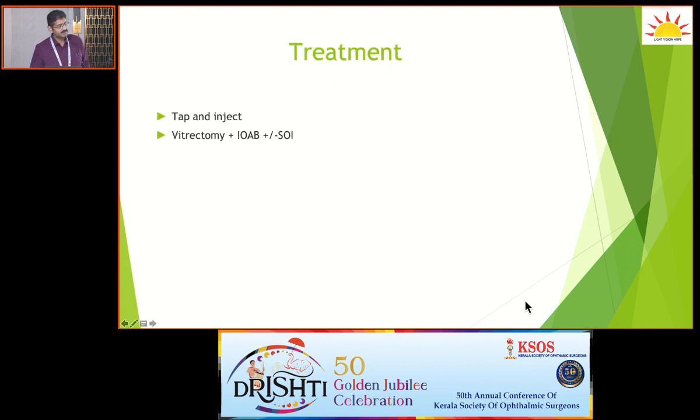The treatment is very simple. You can either go for tap and inject, or you can treat it with vitrectomy with intraocular antibiotics, plus or minus oil. From a VR perspective, tap and inject is something which we don't prefer nowadays. When we suspect an endophthalmitis, time is the most crucial thing that you have, because of any delay in diagnosis.